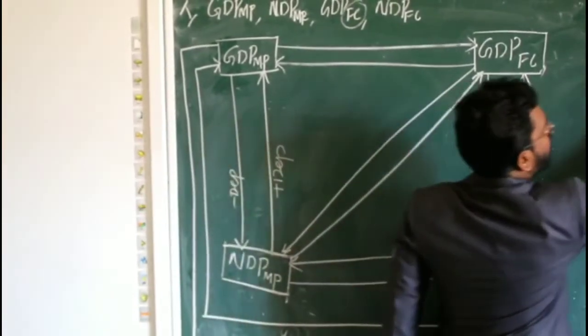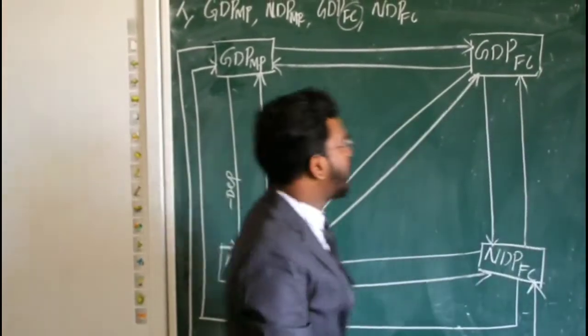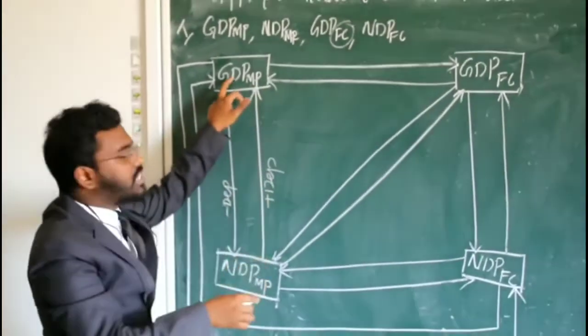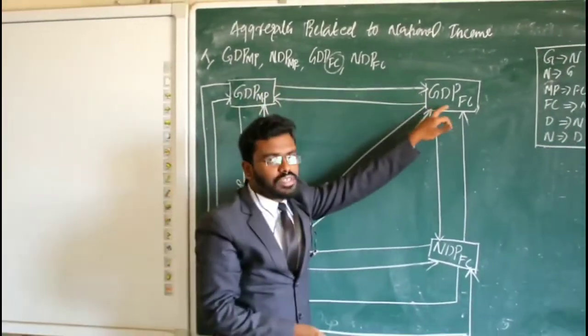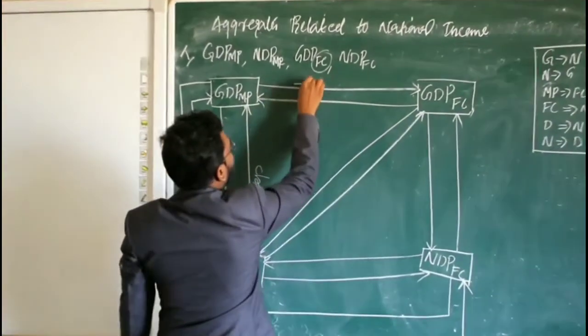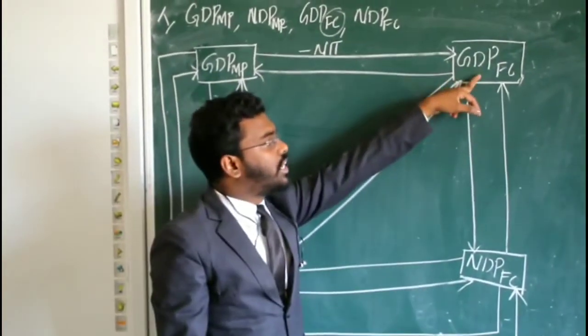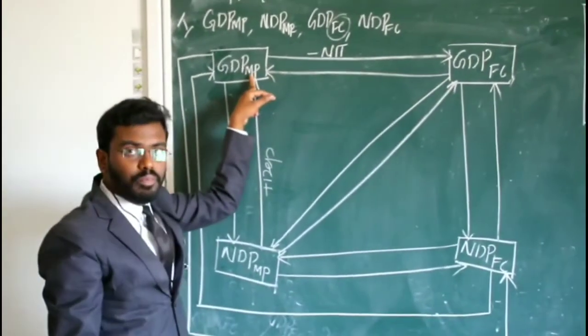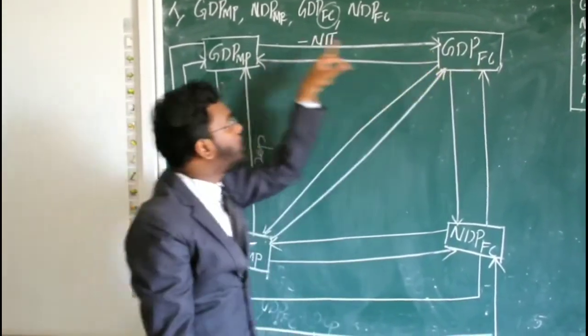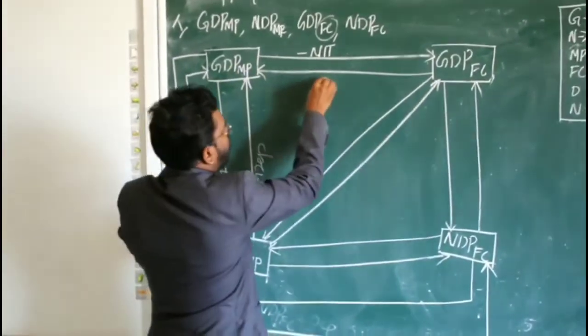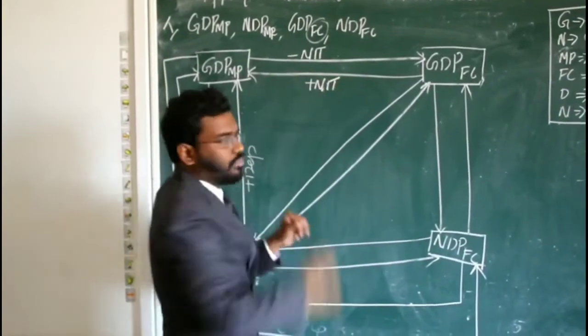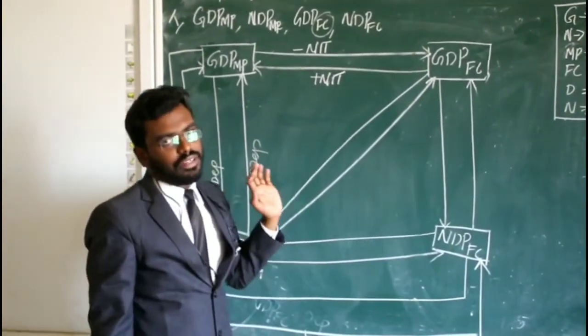MP into FC means minus NIT. So in order to convert GDP-MP into GDP-FC, we need to subtract NIT. Then opposite, GDP-FC into GDP-MP. FC into MP, that is plus NIT.